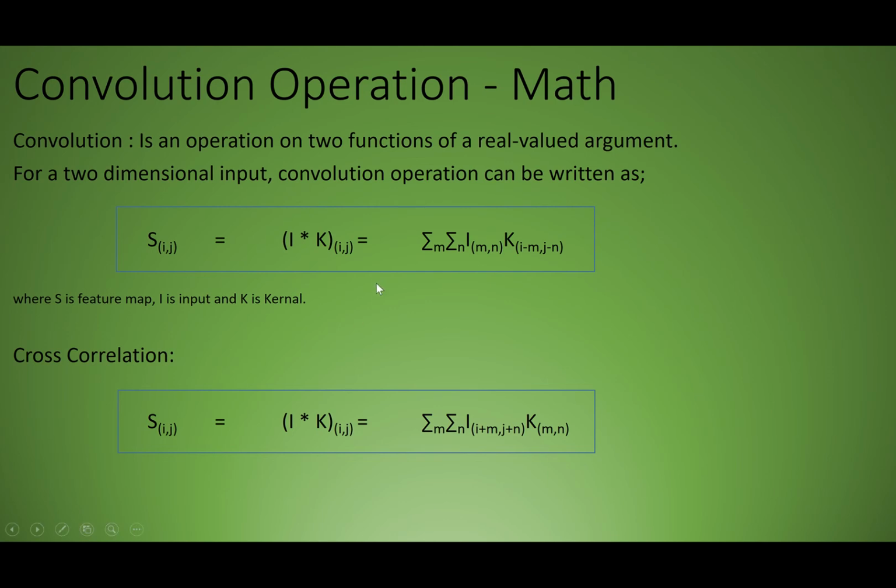That's what the operation is doing, and sometimes the output of this convolution is referred to as a feature map. However, in most machine learning libraries, an equivalent function called cross correlation is implemented, which is simply a convolution operation but without kernel flipping.